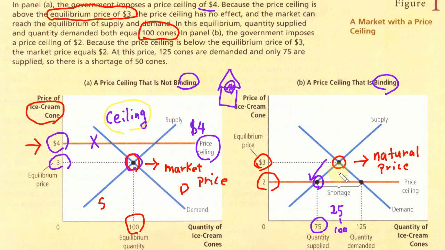As much as they reduce their profit, they will reduce their production quantity too, right? So the quantity supplied will be reduced at $2, and the corresponding quantity is 75. This figure is reduced by 25 from 100, because 100 was the equilibrium.